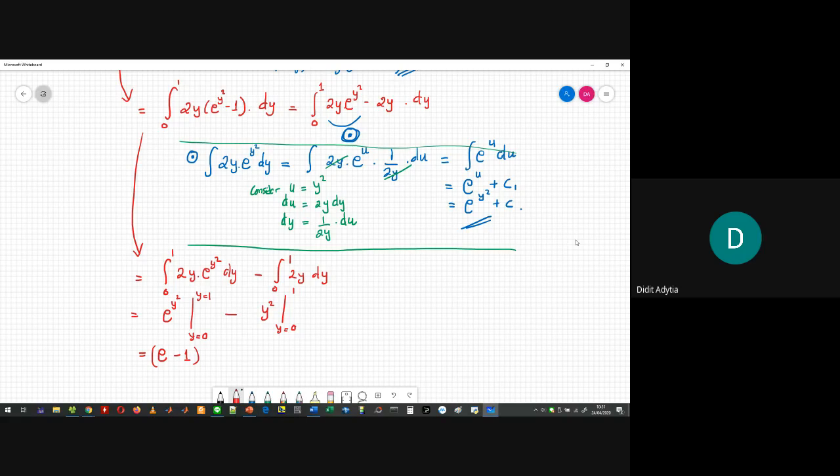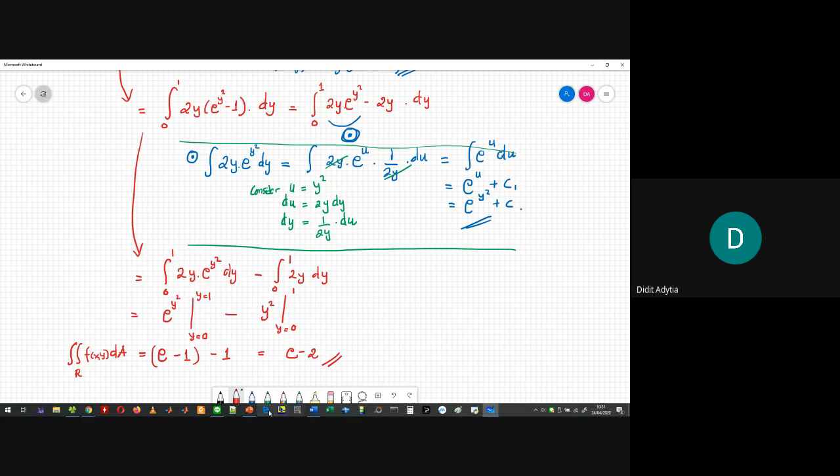And then from this one, we have minus 1, so that we have e minus 2. Let's say, okay, and then this one is actually the result of the integration.